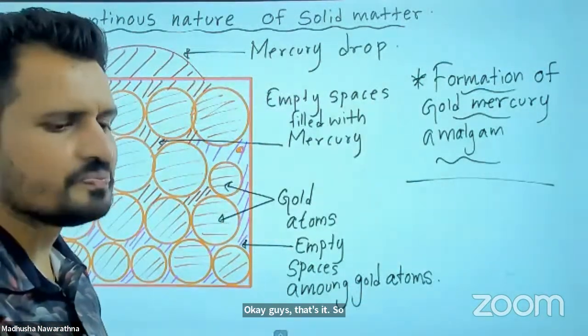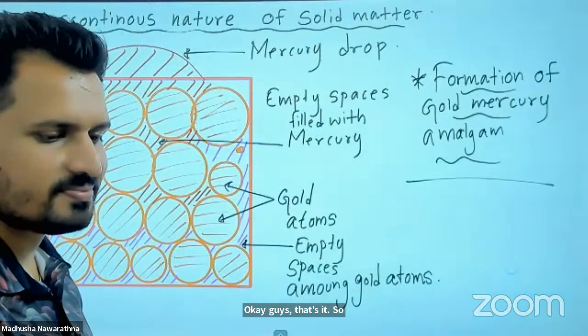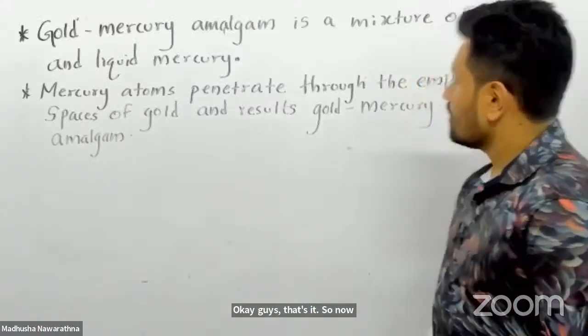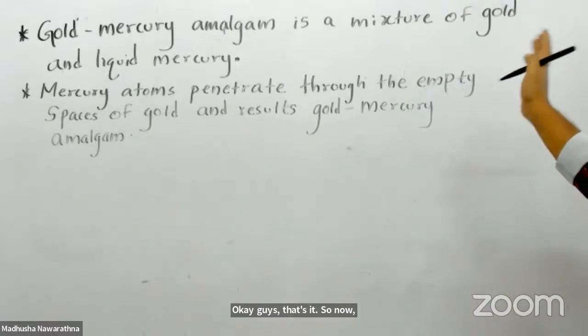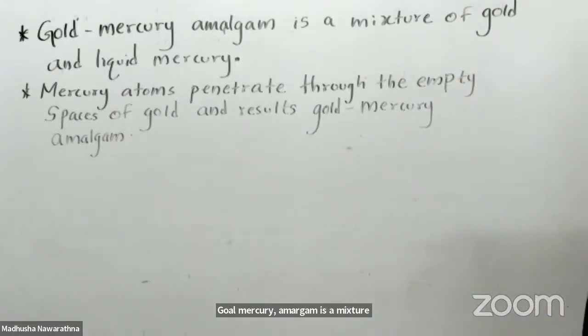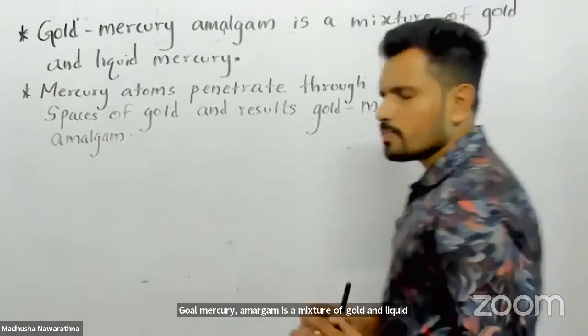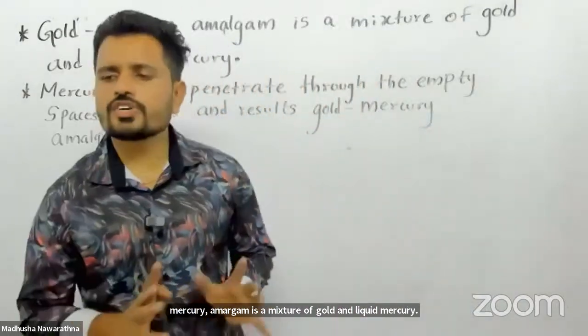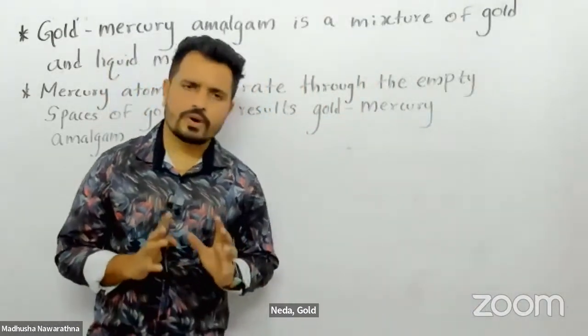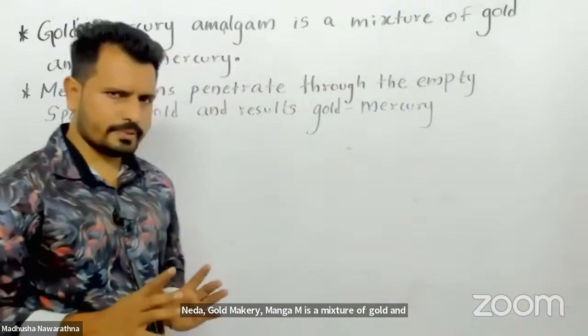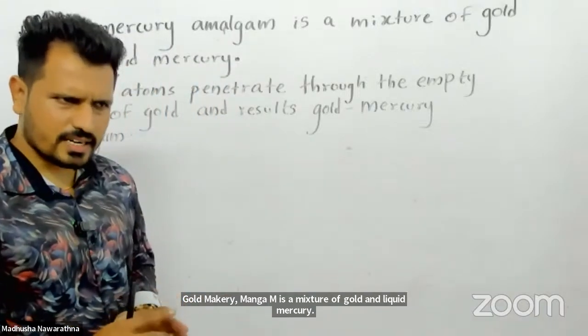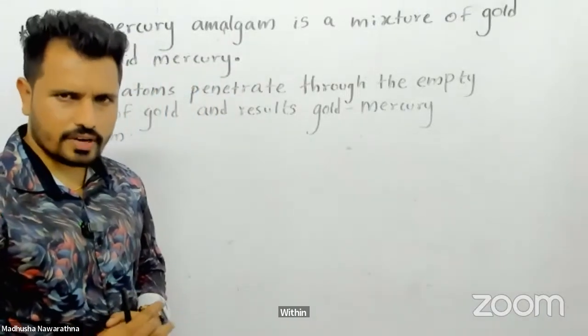Now gold mercury amalgam is a mixture of gold and liquid mercury. Liquid mercury means mercury at room temperature is already a liquid, right?